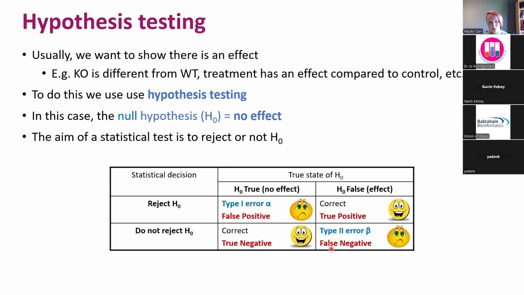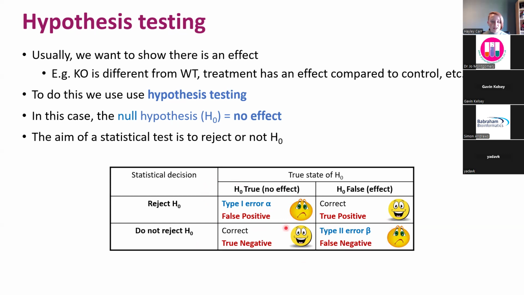Basically, the 4 outcomes we can have is a true positive if our null hypothesis is actually false and there is an effect, and we reject our null hypothesis. We can obviously have a true negative if the null hypothesis is true and there is no effect, and we don't reject the null hypothesis. Then we can have our 2 different types of error.